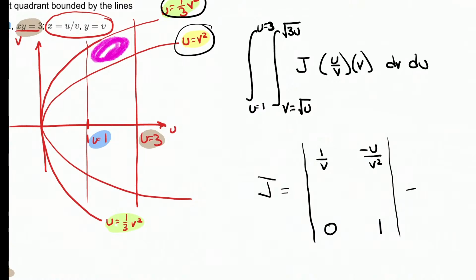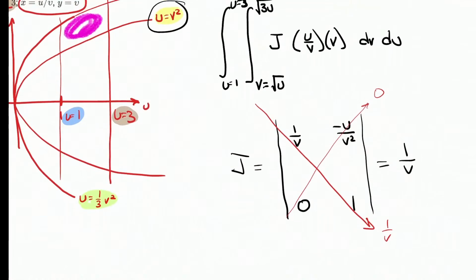Well, that's convenient, because when I do that Jacobian, I only have to worry about this down diagonal, and the up diagonal is 0. So if you did it using the formula, you would get the same thing: the derivative of x with respect to u times the derivative of y with respect to v, minus the derivative of x with respect to v times the derivative of y with respect to u. So there it is. There's my Jacobian.